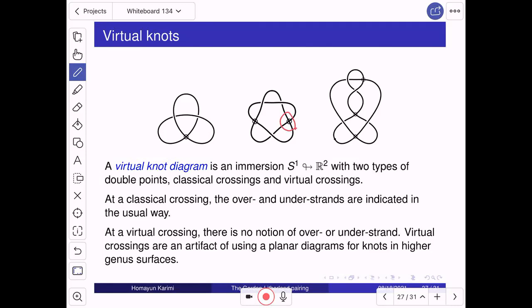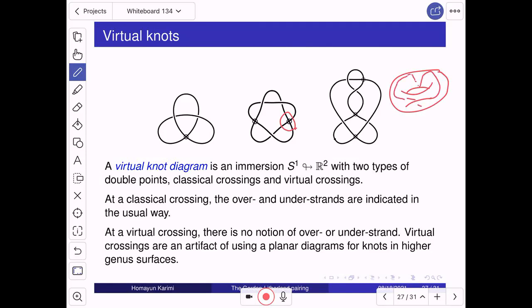And this diagram means that you have a knot inside a thickened surface, something like that goes around like this.